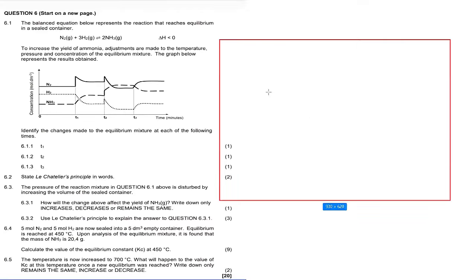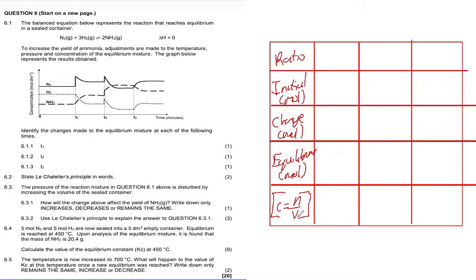Then the first thing that we have to do is let's have our table. Okay, so the ratio here we can see following this is 1, 3, 2. So I like to write these ones up here so that I don't forget. 3H2, and then here I have 2NH3.